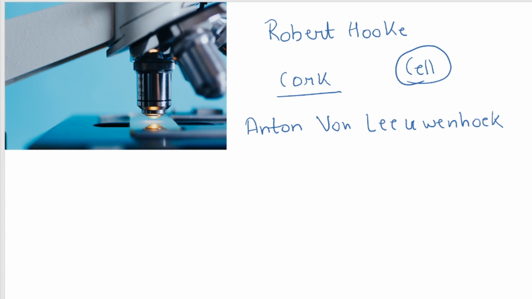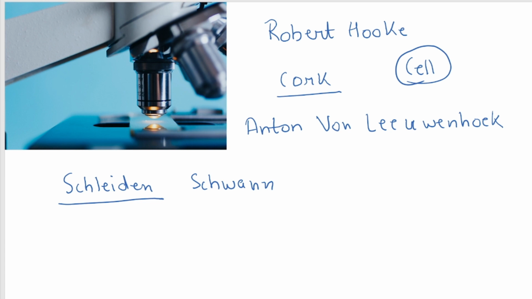So scientists named Schleiden and Schwann. Schleiden studied many plants and proposed that all plants are composed of different kinds of cells.